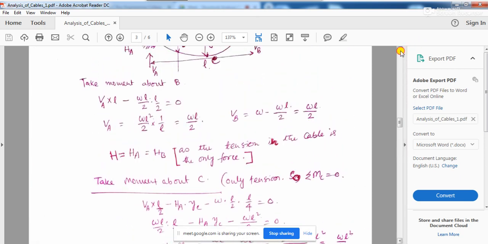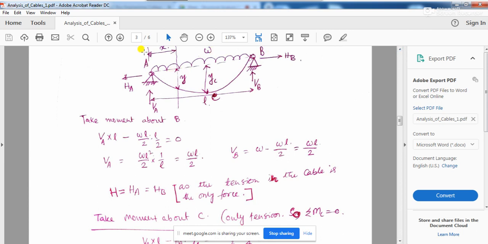So basically you see, if I go a little to the top, this is your distance, this is your x, and this is your y. So we are taking moment about this point. How much moment is it going to create? Va into this distance x, then HA multiplied by this distance y, and then this is your W. So this is going to create W into x into x by 2, basically Wx squared by 2.